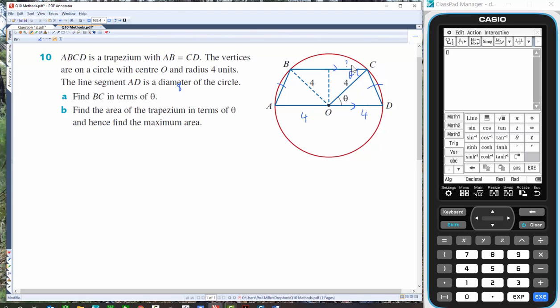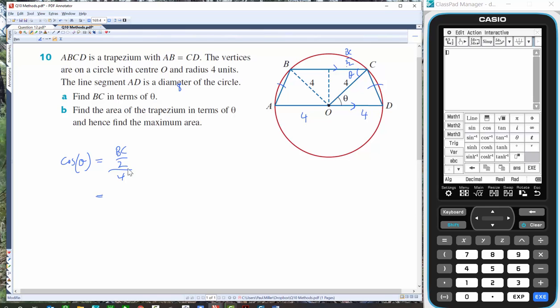So from there, what we can actually do is get BC, because BC on 2, this length here, or half of BC, is going to be the adjacent over the hypotenuse. So I've got cosine theta equals the adjacent, which is BC on 2, over the hypotenuse, which is 4.